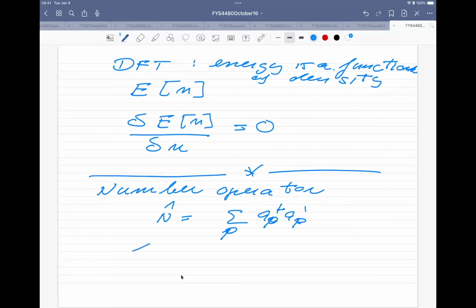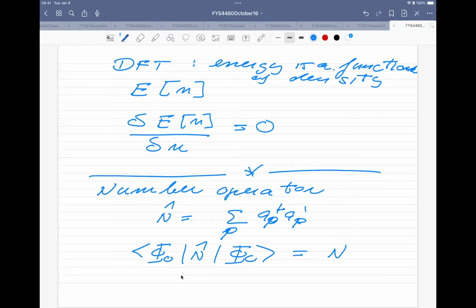Then when we calculate the expectation value of the number operator in the ground state, this is one of the exercises we did some time ago, it is simply equal to the number of particles. The sum over p runs from the first single particle state to, in principle, infinity, but this just picks out the number of particles which are present. Does that ring a bell, what we did way back?